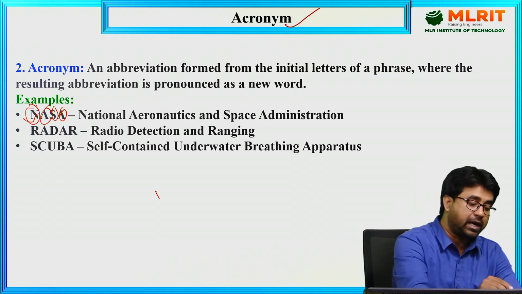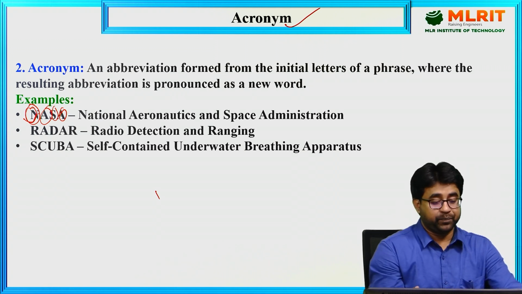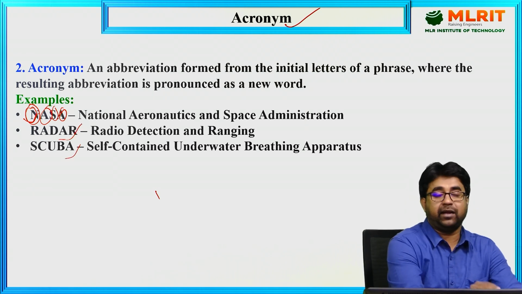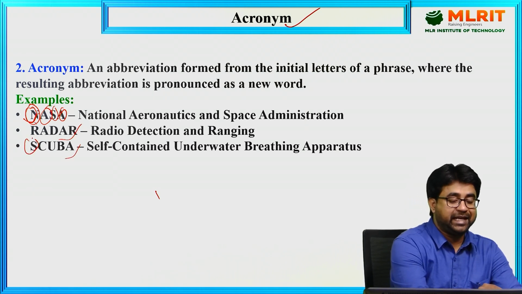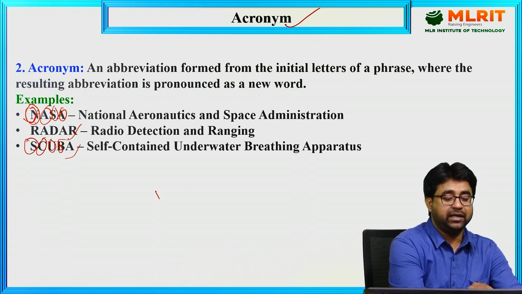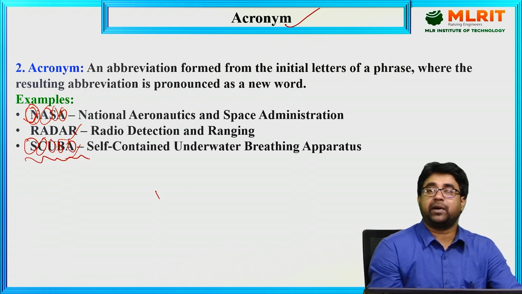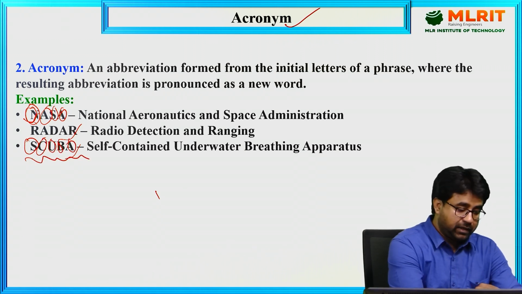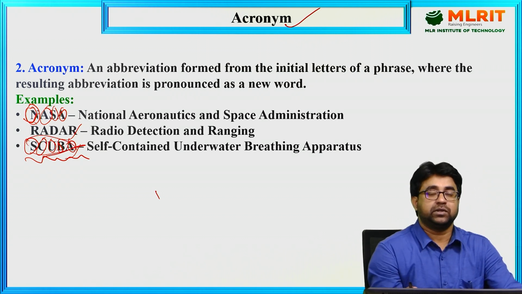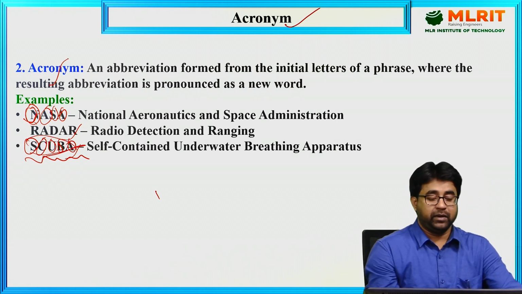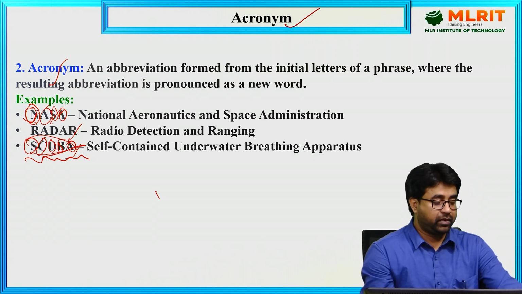We don't pronounce each letter separately. Scuba, radar. So you see here, we are not pronouncing each letter separately. Instead, we are pronouncing all the letters together as one single word. So that is called acronym. Fine. A few examples were given already here.